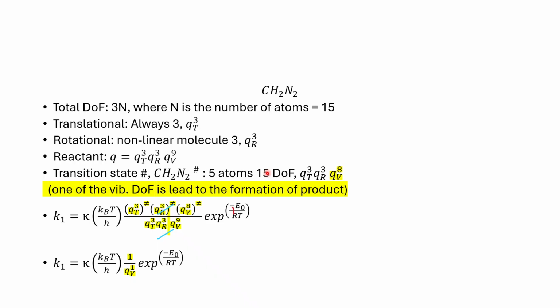For vibrational, since one vibrational mode is dedicated to leading the product formation, the remaining degrees of freedom include only 8 vibrational modes. Therefore, the vibrational partition function has 8.